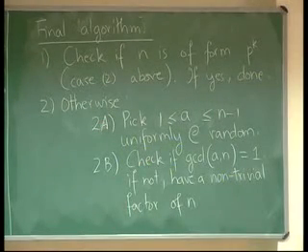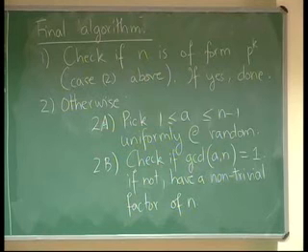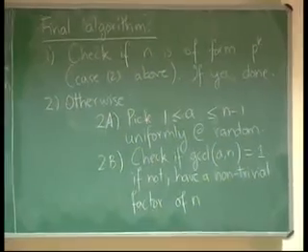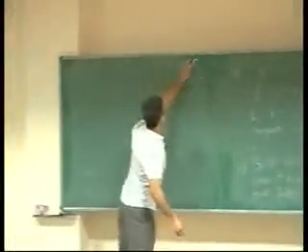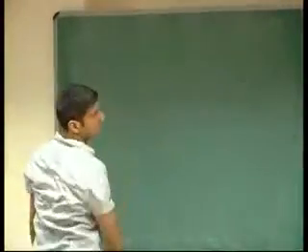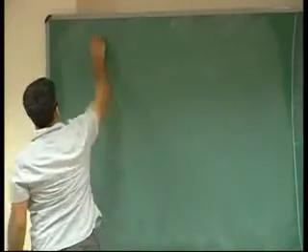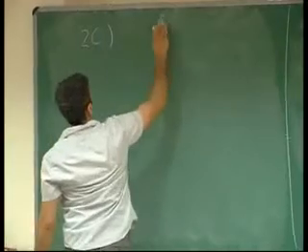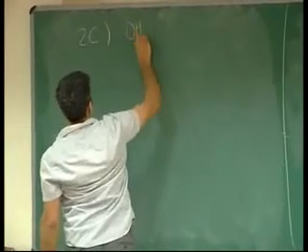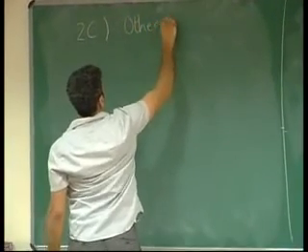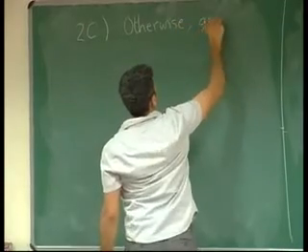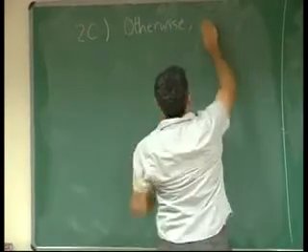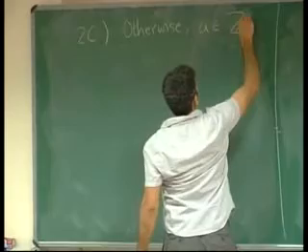And if it is co-prime, then we kick in this order finding algorithm, because we have a random number a in Z star n.